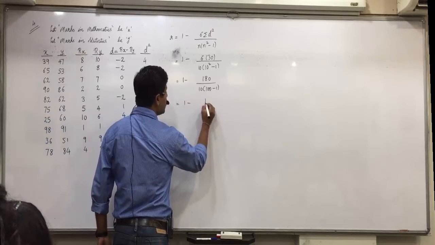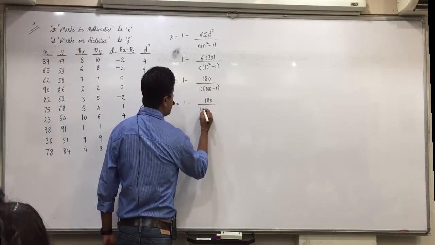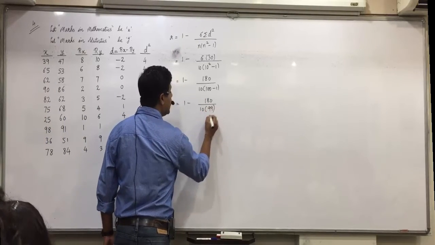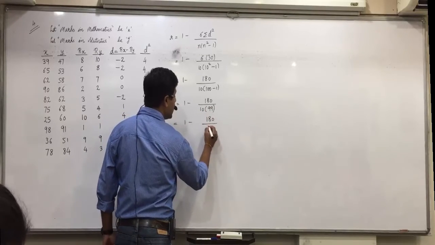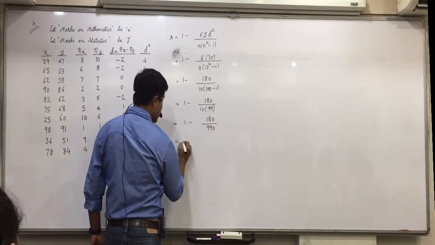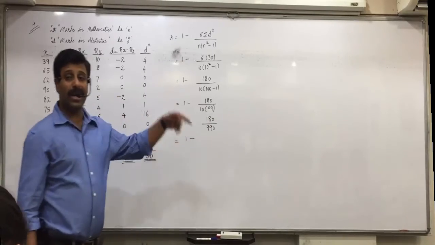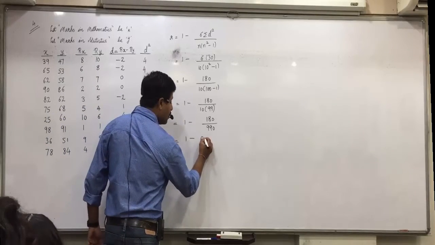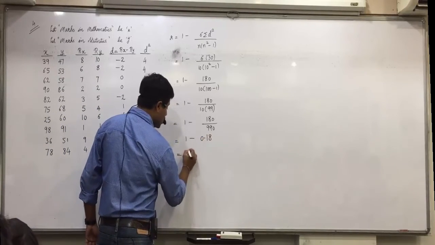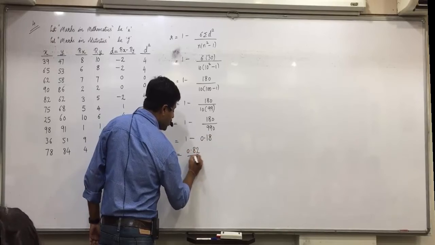So 1 minus 180 upon, what is 100 minus 1? 99. So 1 minus 180 upon what is 10 into 99? 990. Now do this first. 180 divided by 990. 0.18. So 1 minus 0.18, 0.82.